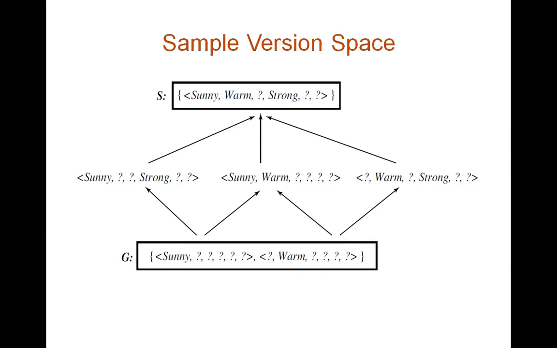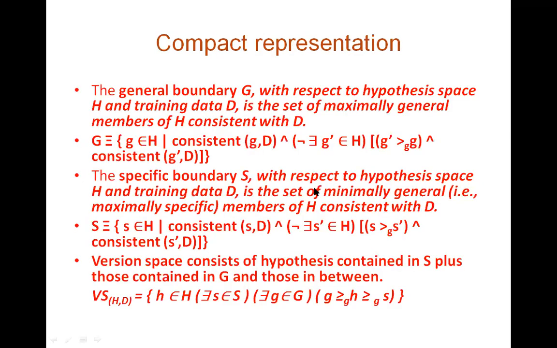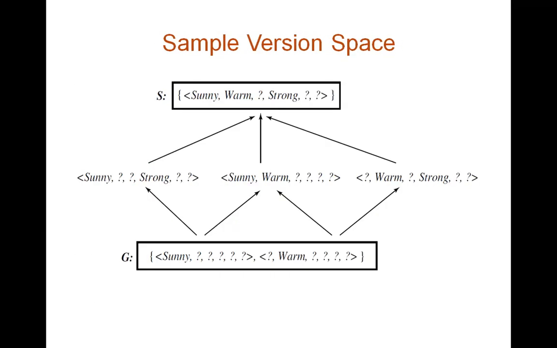They are present in the version space, which means all these 6 hypotheses are consistent with those 4 training examples. Not just these, a lot of hypotheses are there, but only these 6 are consistent with the given training data.